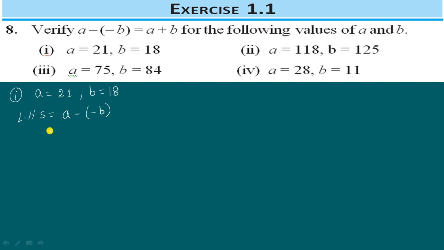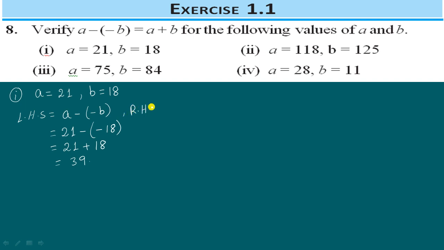We put the value of a as 21, minus the value of b, 18. Therefore we are getting 21 minus into minus is plus 18. That means we are getting 39.